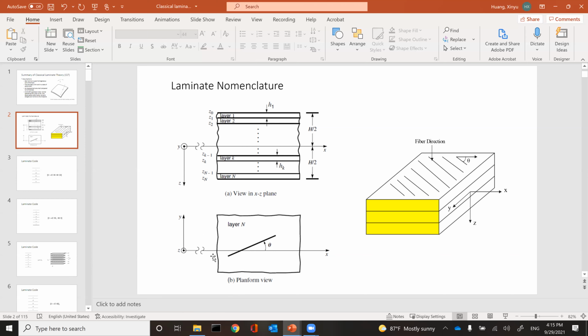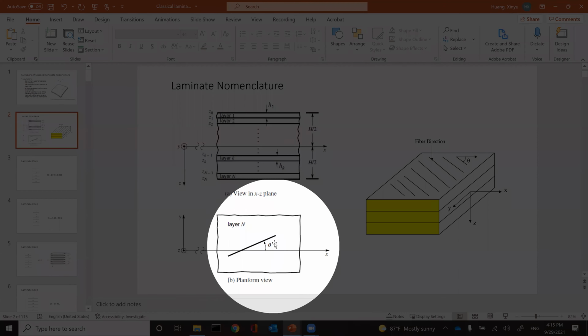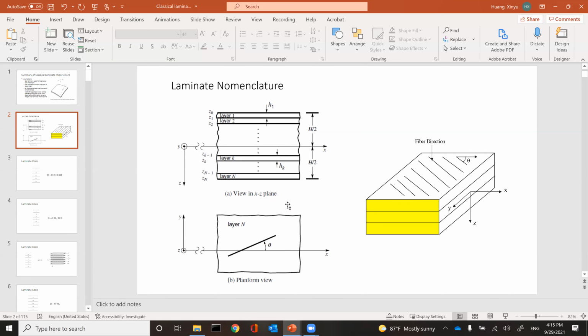Positive is counterclockwise. That's how you determine plus. That's how this series is derived. So if this fiber has a counterclockwise rotation of 45, that's plus 45. If you do clockwise rotation, it's minus 45. So that's how you determine plus or minus. You have to look along this direction and determine whether that fiber is rotated counterclockwise or clockwise.